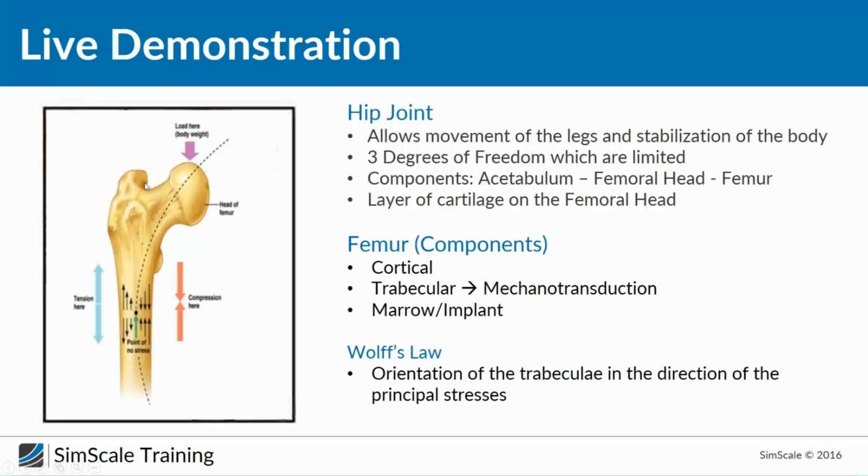So in the end, what is happening, you have inside the bone this trabecular structure, and because of the stresses going through the bone, the trabecular bone is orientating in that direction, which in the end means that everywhere where you have high principal stress, the density of the bone will become higher, and in areas where you have no principal stress but shear stresses, the trabeculae will disappear.